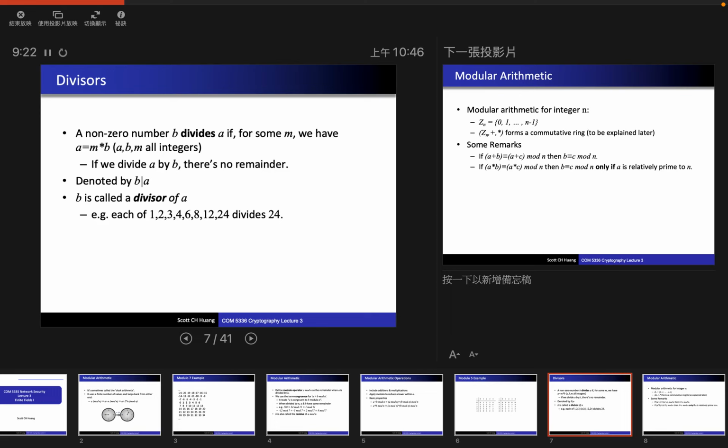In Chinese, we say 整除, B 整除 A. B 整除 A 是 A 除以 B,这要注意一下。So B divides A. A is divided by B. A 叫除以 B.